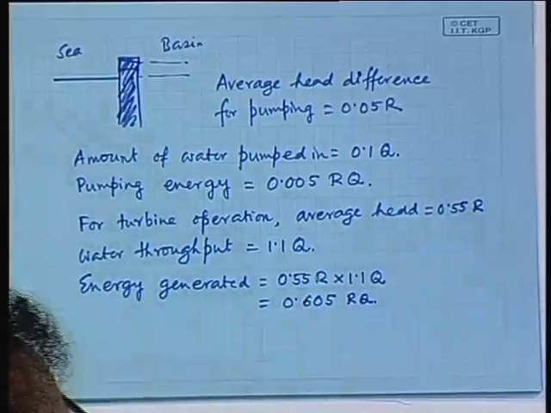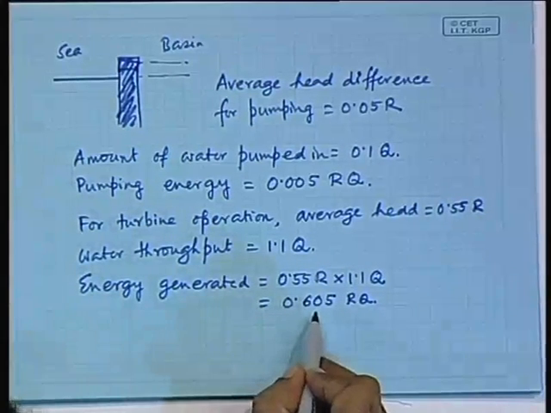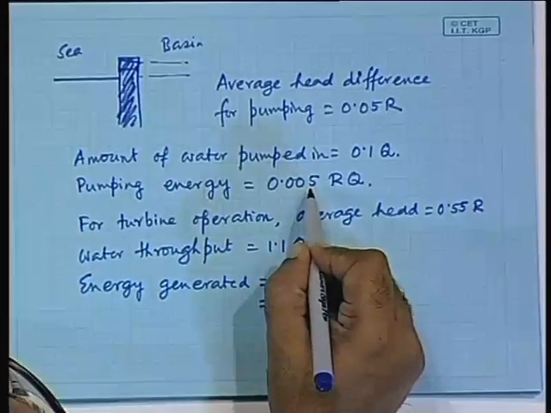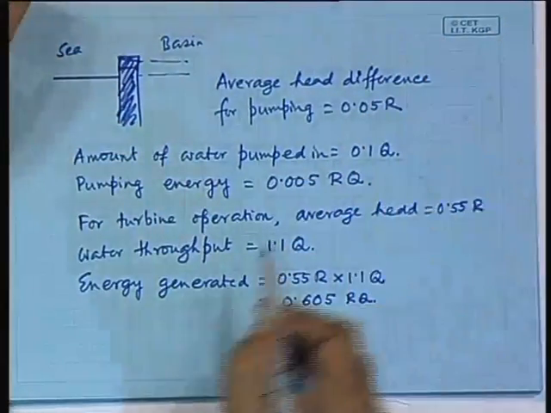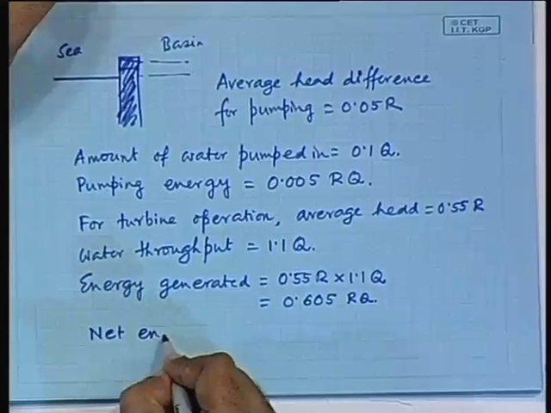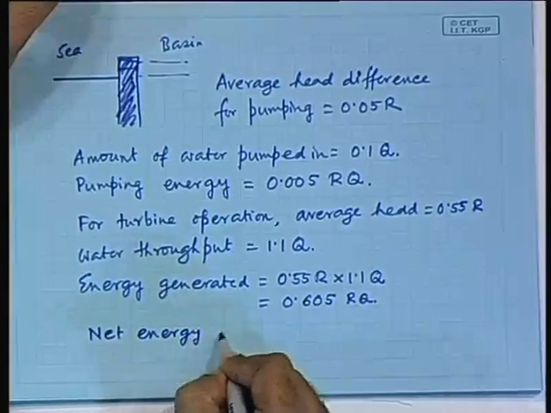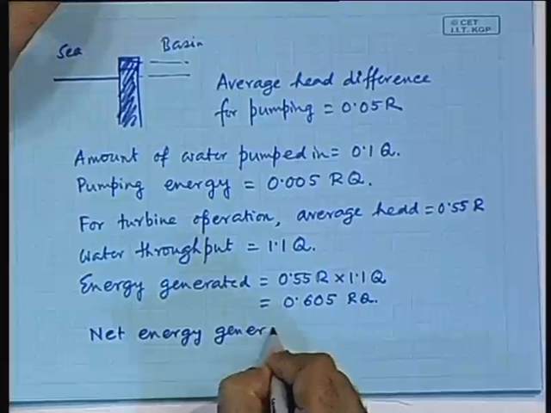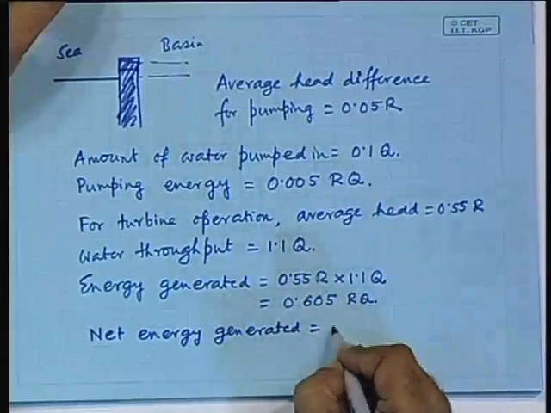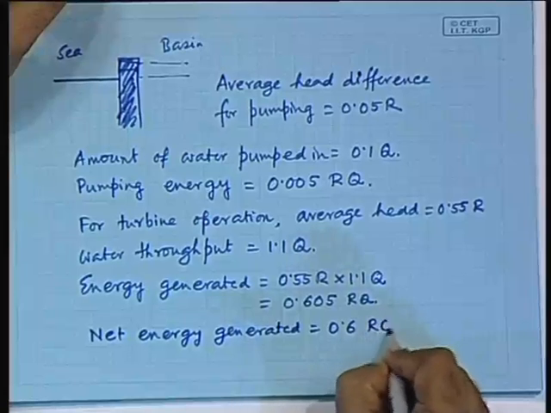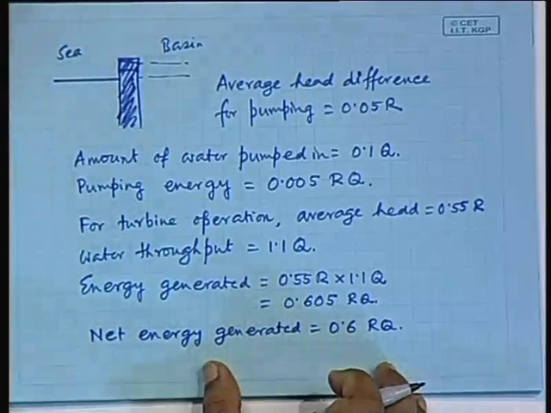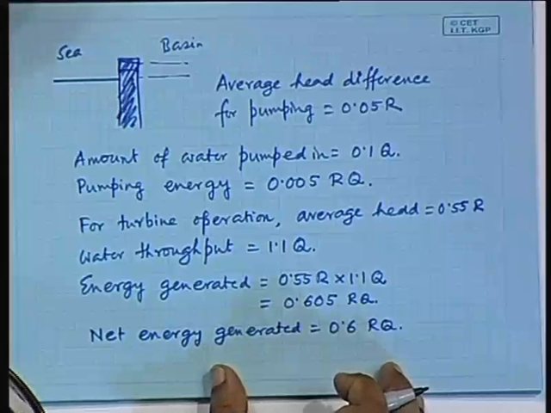Fine. Now, this amount of energy has been generated and this amount of energy has been spent. So how much is the net gain? The net energy generated is then this minus this, 0.6 R Q. If you did not have pumping, how much would be the net energy available?